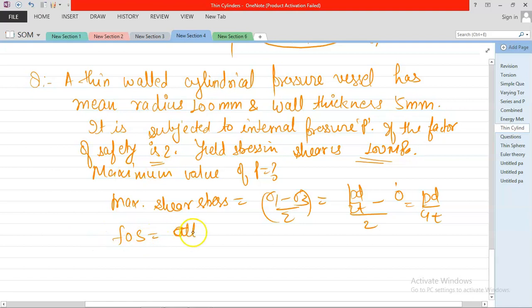So factor of safety is called maximum stress upon allowable stress. So the maximum stress, suppose factor of safety is 2, it is given.